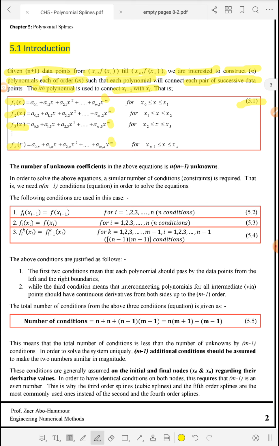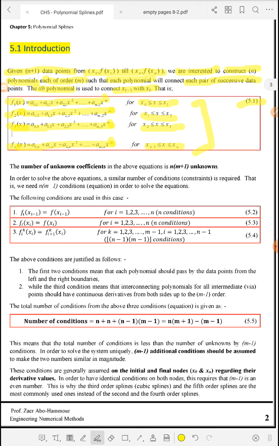The first polynomial, f1, connects x0 with x1. The second polynomial connects x1 with x2. The third polynomial connects x2 with x3. And finally, we reach the nth polynomial that connects xn minus 1 with xn.